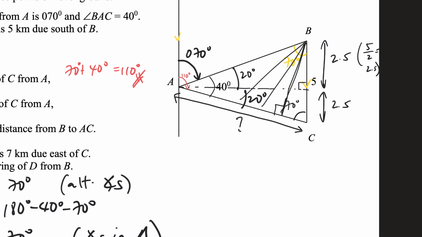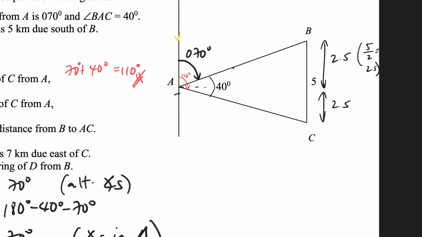So I'm just going to erase and create some space. So the good news is we've already calculated that this is 7.31, right? And we don't really need this line.